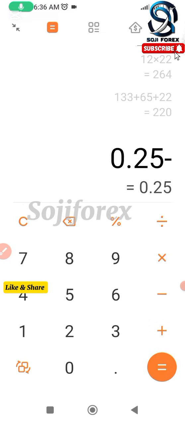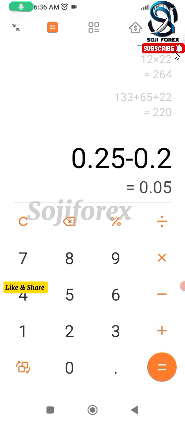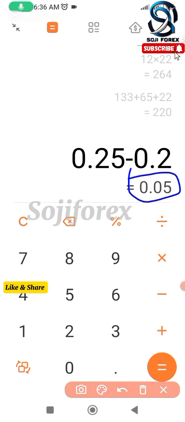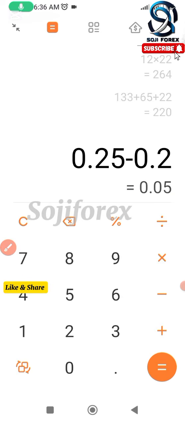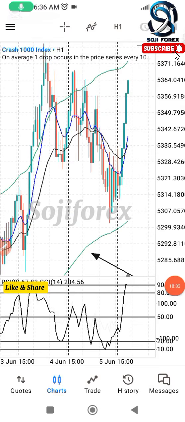If we do minus 0.2, your trade will now be running at 0.05. So this is exactly what your lot size will be. But since you cannot use 0.05 to open a trade, you need to open with 0.25. That is how simple it is, and that is exactly what you need to do.